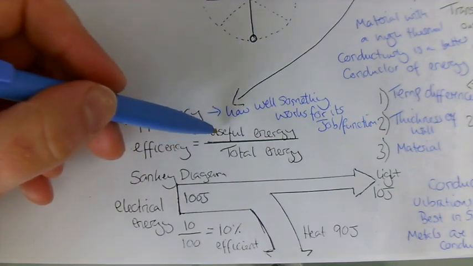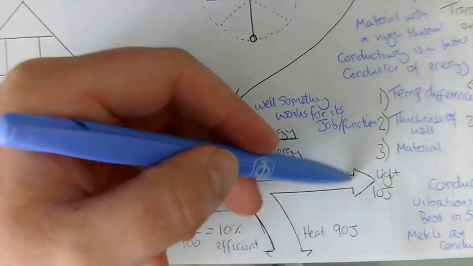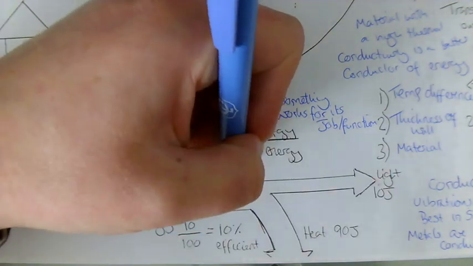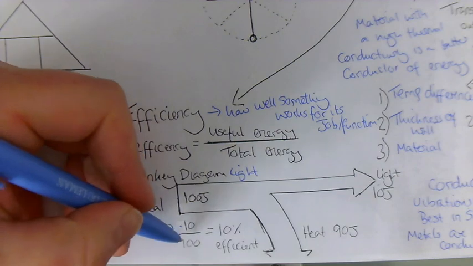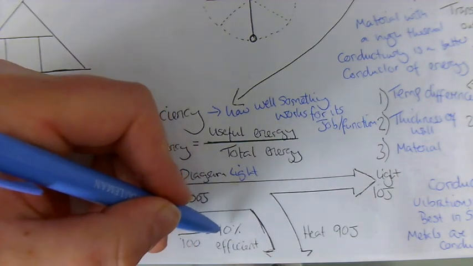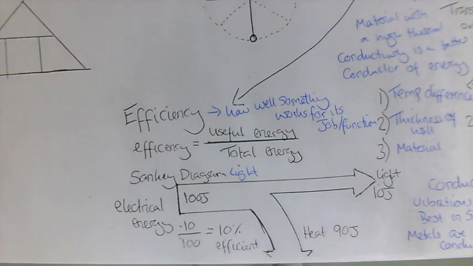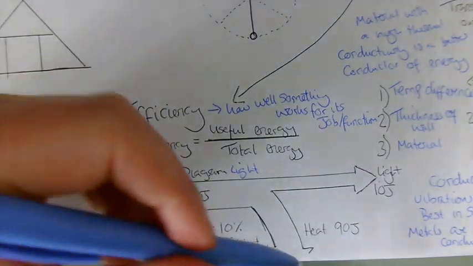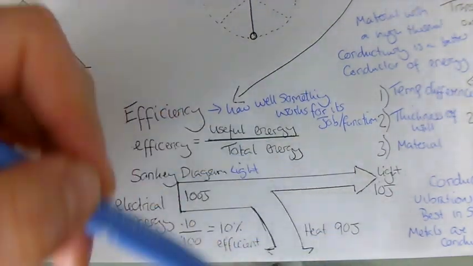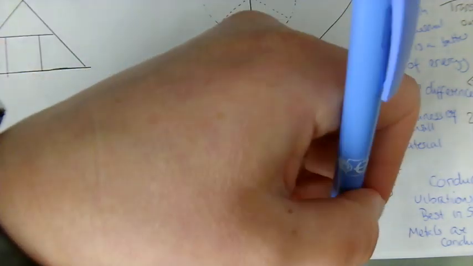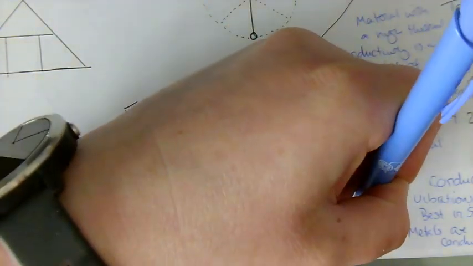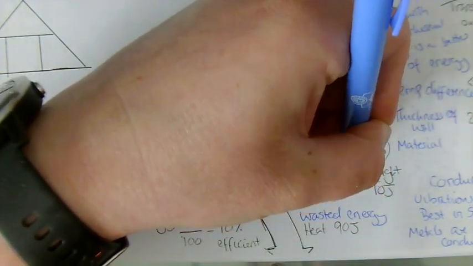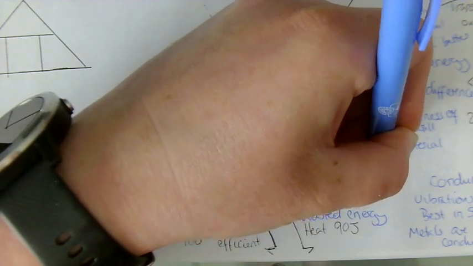Efficiency equals useful energy over total energy. So our light is our useful thing from a light. So this is a light Sankey diagram. So down here I've got 10 divided by 100 equals 10% efficient. So lights are not very efficient. We lose a lot of energy to heat. So we call this one over here wasted energy, whereas this is our useful energy. This is what we actually want from our light.